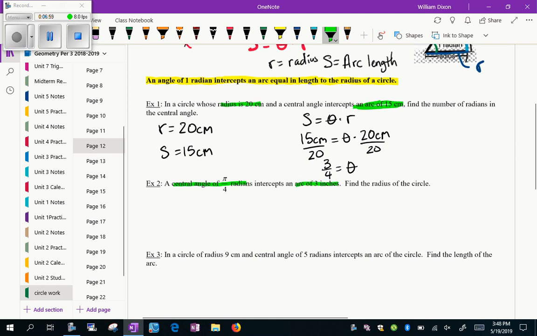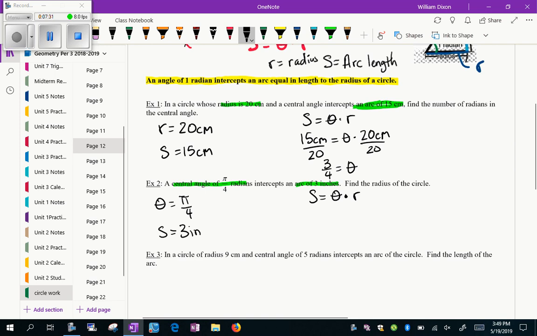We're finding the radius, and we know we're going to use S equals theta times the radius. I'm going to write down what's given. I have my central angle, or theta, equals pi over 4. And then I have that my arc length is 3 inches.